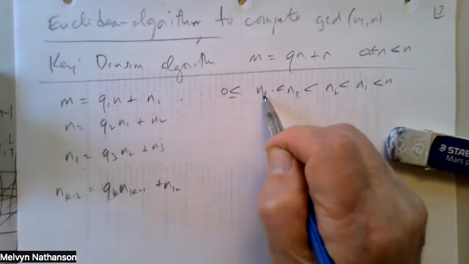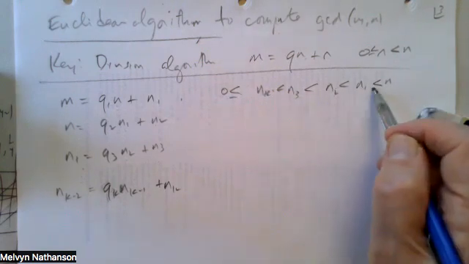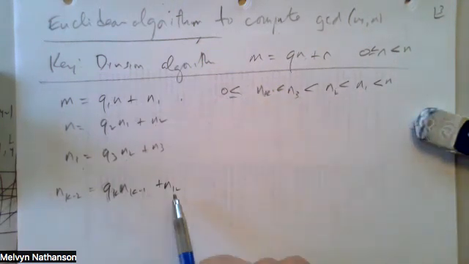And N sub k is strictly smaller than everything that came before and greater than or equal to 0.